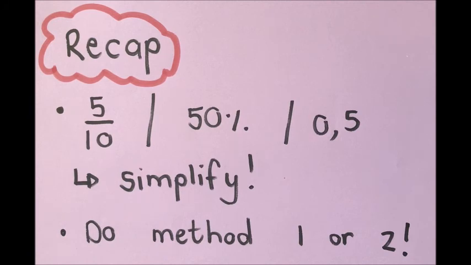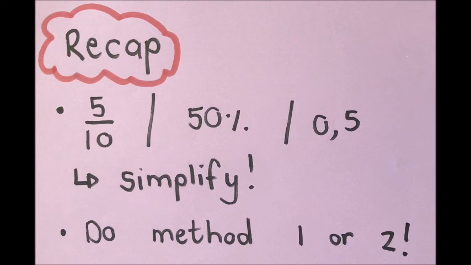If it's 2 places after the comma, you work with 100. And if it's 3 places after the comma, you work with 1,000 as your denominator. So it's easy to change your decimal fractions into a normal fraction as well, using tenths, hundredths, and thousandths.